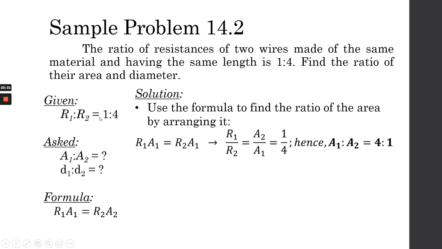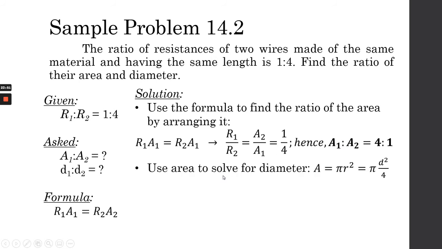R1 is to R2 is equal to 1 is to 4. So R1 is 1, R2 is 4. So A2 over A1 is equal to 4. Hence, yung ratio ng ating A1 is to A2 is basically 4 to 1. So A1 is 4, A2 is 1. So ito yung ratio ng ating area.